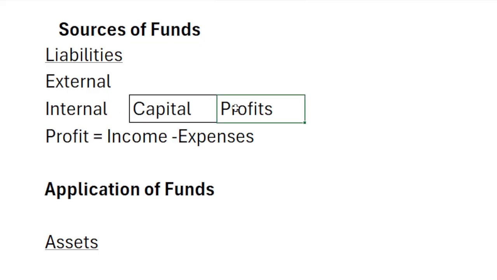Now, profit. How is profit calculated? Profit is equal to income minus expenses. When income increases, it means profit also increases, which leads to an increase in obligation. Therefore, incomes are credited. In a similar manner, if expenses increase, then profits will decrease.